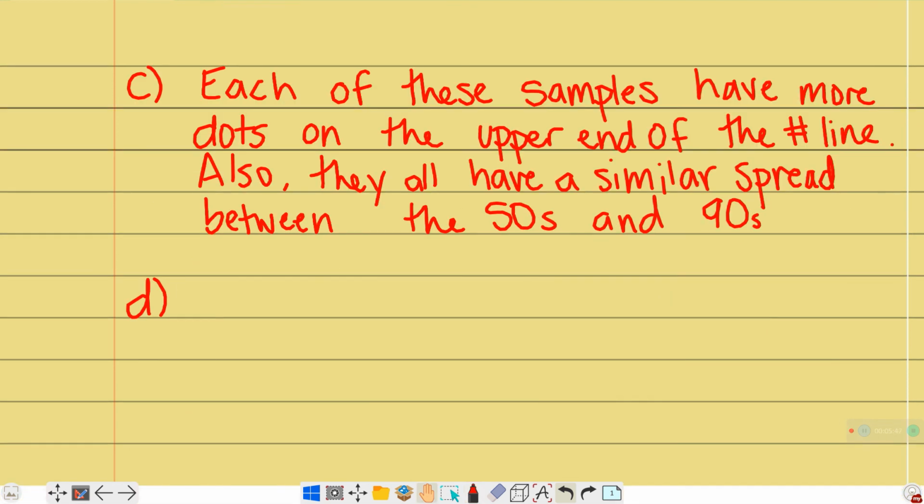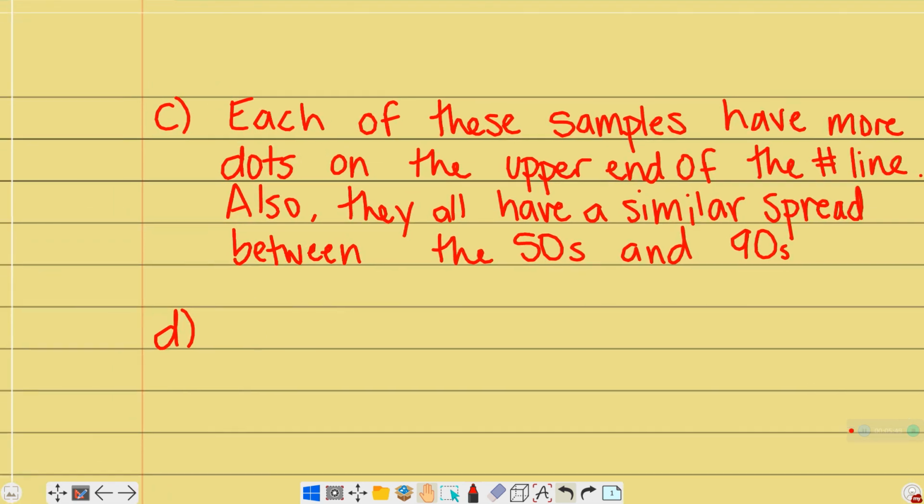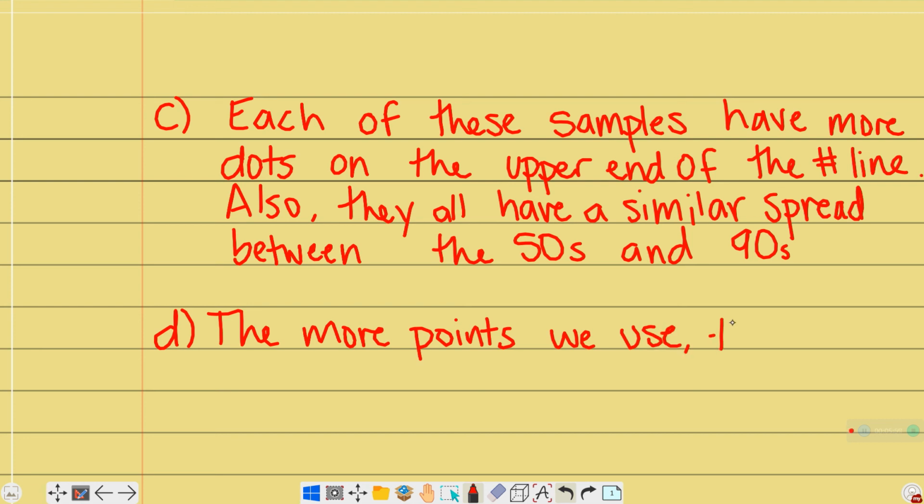I think the more points we use, the more closely our sample gets to our population.